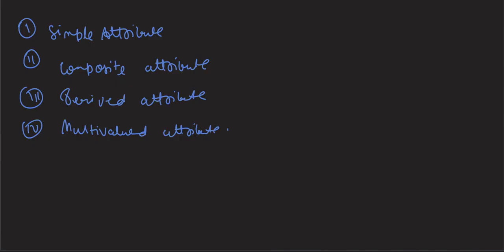Which is calculated from another attribute, like age from date of birth. तो आपका एज जो है वो डेट ऑफ बर्थ से, मान लीजिए कि आपका डीओबी 14/8/2005 है, ठीक है?